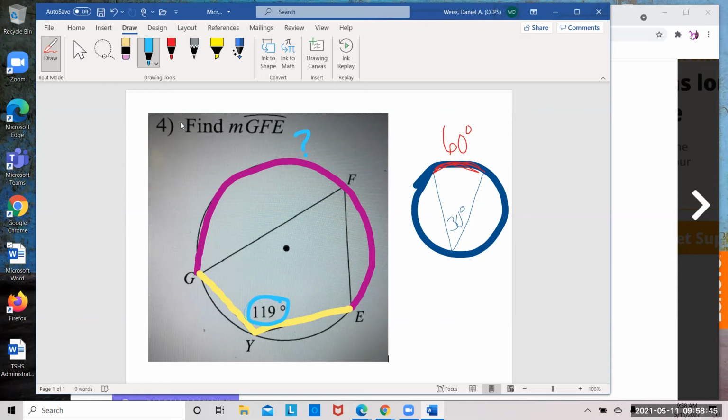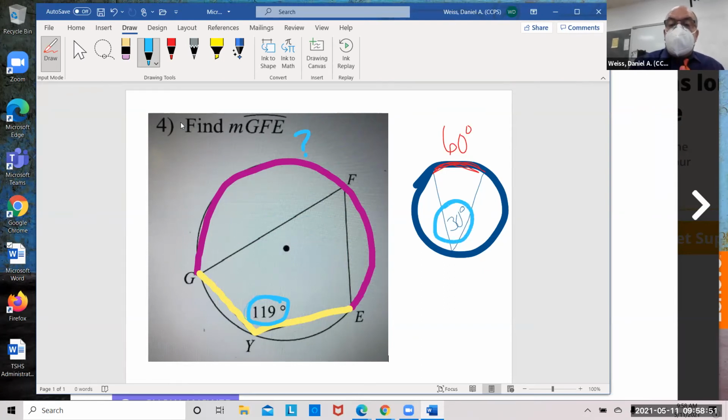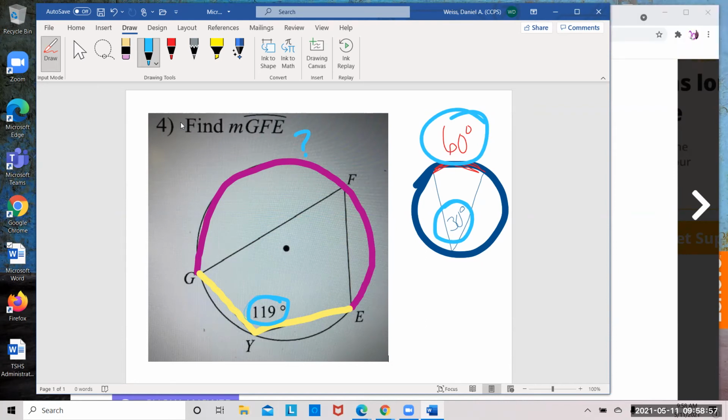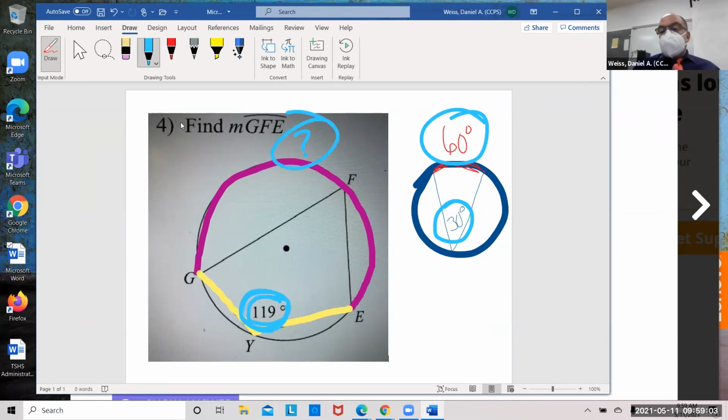What did I do with 30 degrees in order to get 60 degrees? You doubled it. So what am I going to do with 119 degrees to get this? You double. Thank you. Do you understand why?